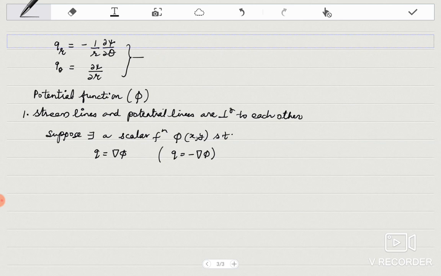Now applying the curl on both sides, curl of q is equal to curl of gradient of phi. Because phi is a scalar function, it will be a gradient, and curl of gradient is 0, so it will be 0. And you know what this condition implies? This implies that your flow is irrotational.